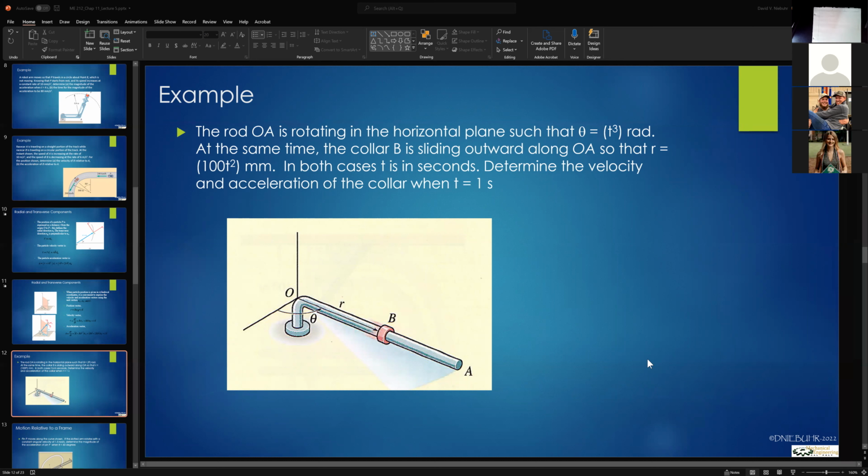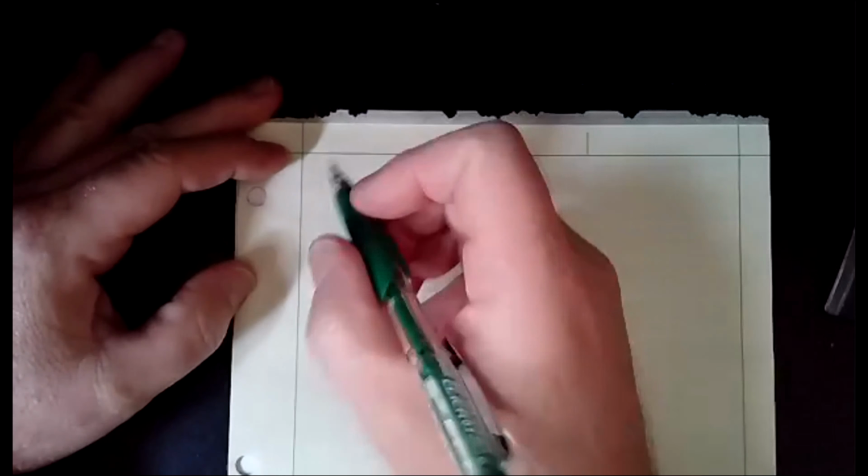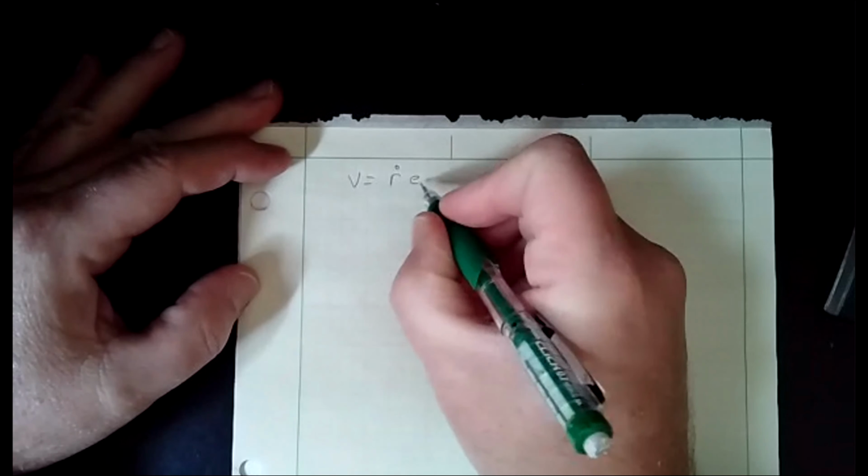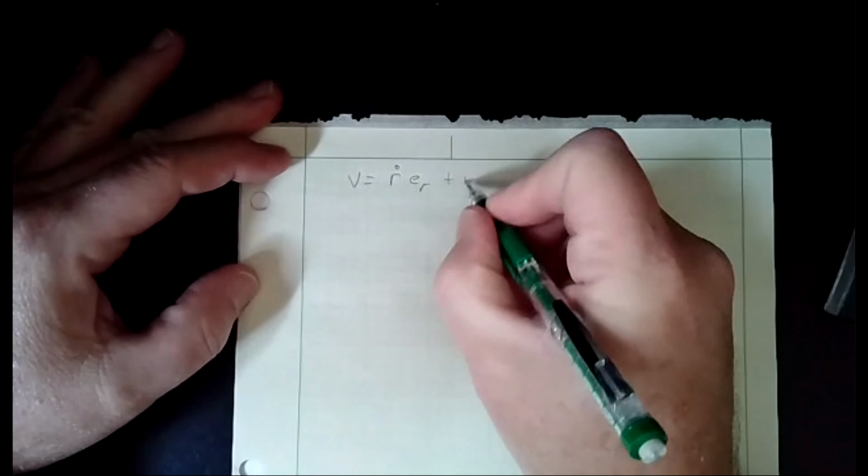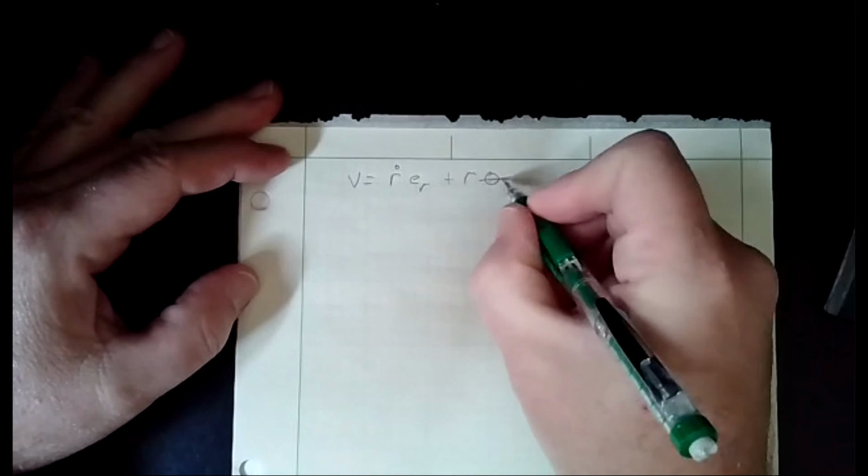And so this is a fairly straightforward problem, because really it's just a matter of using the equations, taking the derivatives and solving. So let's look at that. When I'm done with the calculation, then I'll show you the actual drawing, so I don't have to redraw it here. But remember that we have our equations: v equals r dot times the unit vector e_r, plus r theta dot times e theta.